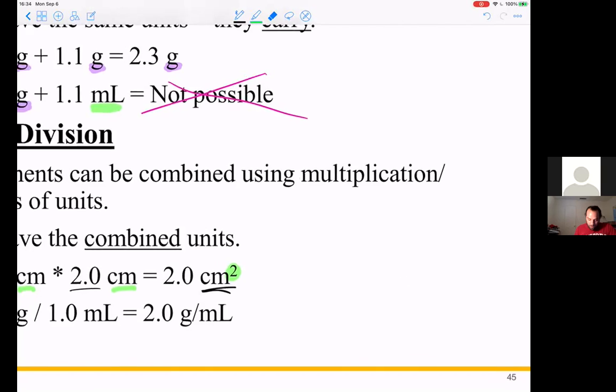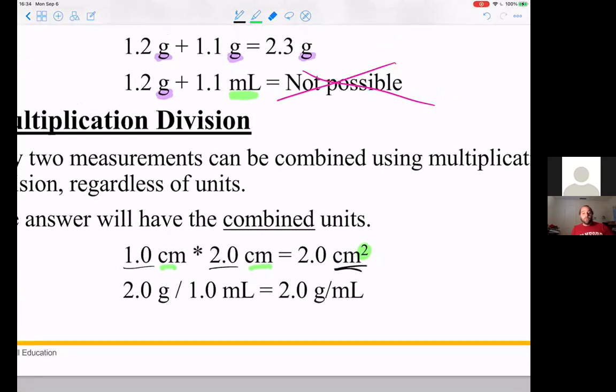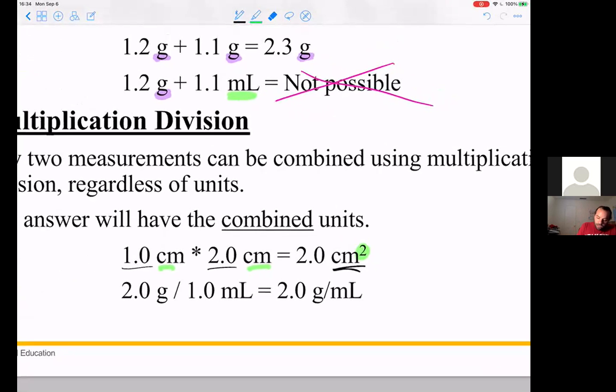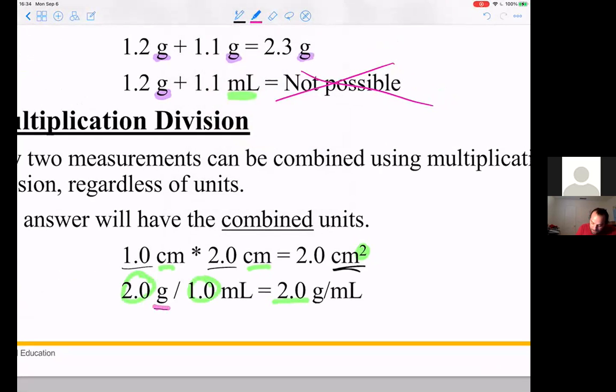So another one would be if I take 2.0 grams and divide it by 1 milliliter, I can look at the numerical part of that and punch that into my calculator. That will give me 2. But then I have to look at the units part of that. I'm taking grams and dividing it by milliliters. So my answer at the end should be grams divided by milliliters. Again, I'm combining those units.